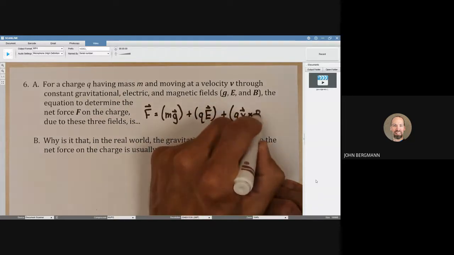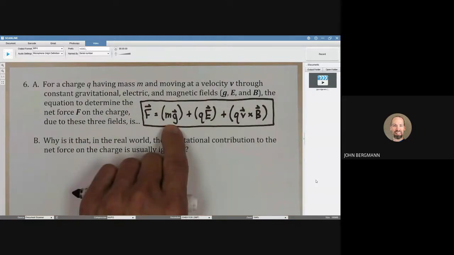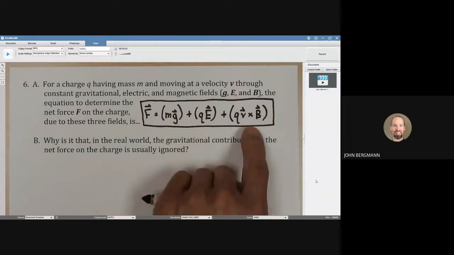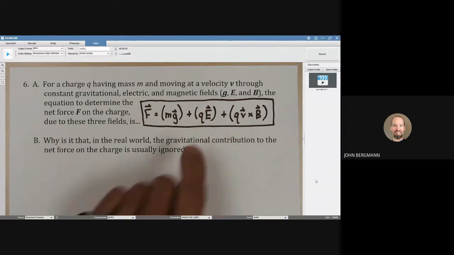And these don't all necessarily point in the same direction. Gravitational force on the mass of the charge, there's the electric force on the charge, there's the magnetic force on the charge. Again, we have to take these into account vectorially.